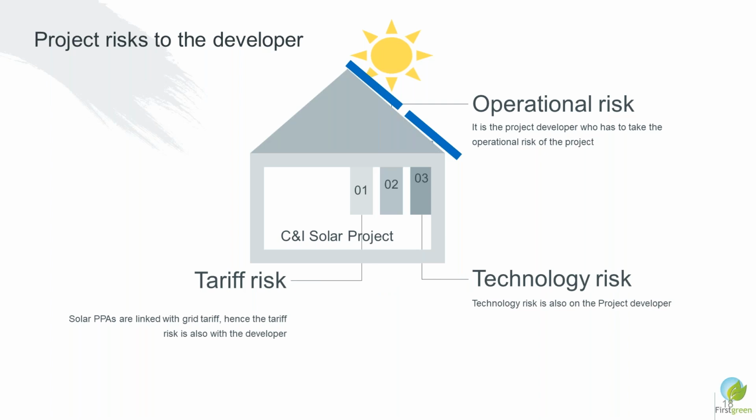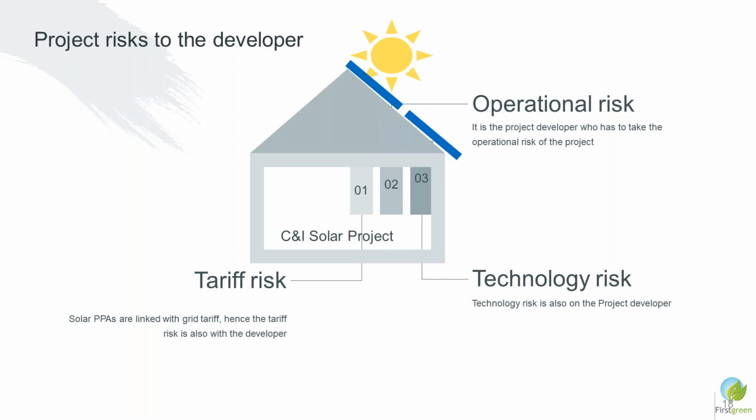Once the project is done, there are again challenges related to tariff risk. At times the off-taker wants to renegotiate the tariff, or the tariff is linked to a situation like an escalation clause, but you want that even after escalation, if the tariff goes above the grid tariff, then you should keep your tariff lower than the grid tariff.